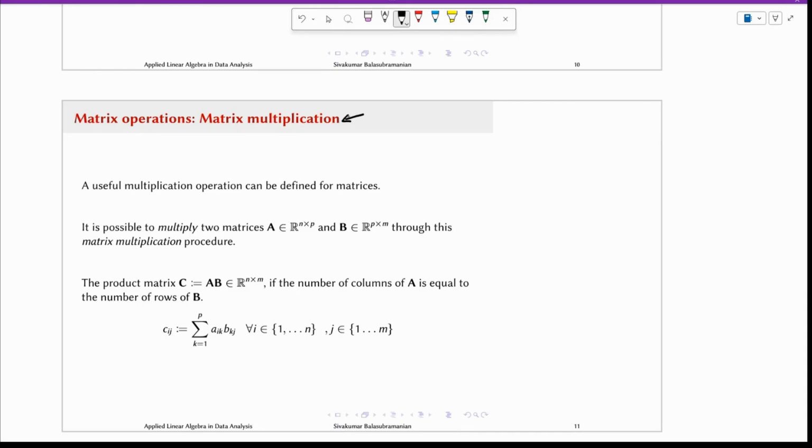This again is fundamental to linear algebra. You have to understand matrix multiplication very well, because almost everything that we do involves matrix multiplication. Initially, matrix multiplication is a bit weird.